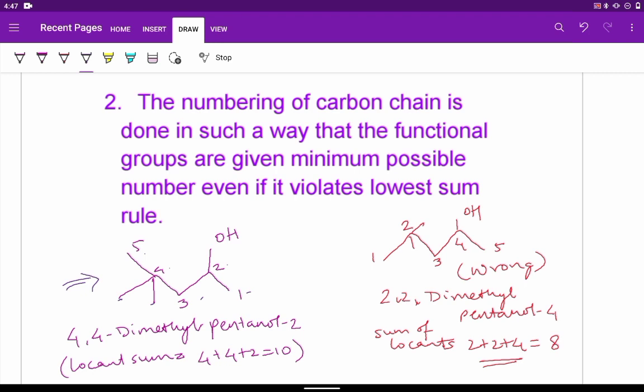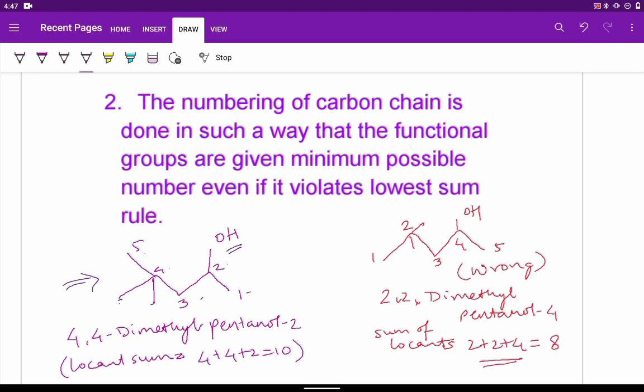At the end of this video, I have shown the seniority table for principal groups. From that order, we will find that the OH group gets preference over any other alkyl substituent. So the OH group should be given a lower value than these 2 methyl groups. So we start numbering from this right end.